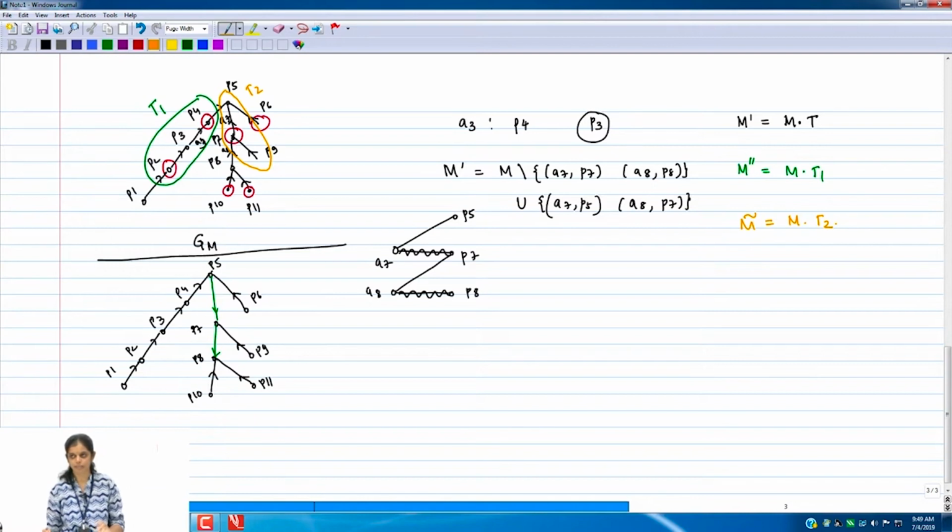We have another path T2. So our goal is this, and what is our goal? Our goal is to come up with a matching which is popular, and therefore this switching graph says that you can switch along some paths and cycles to get another matching which is popular. So let us see whether we can use T1.